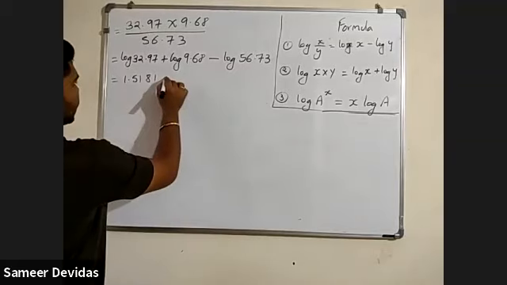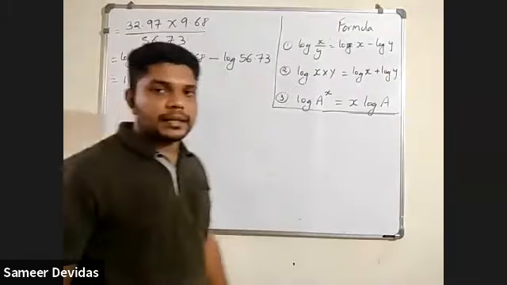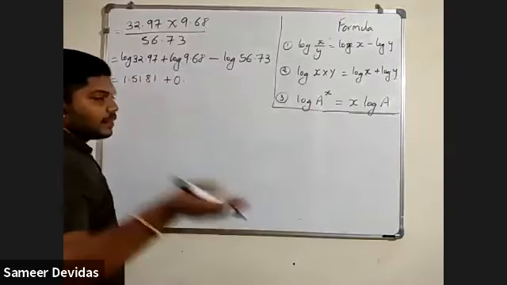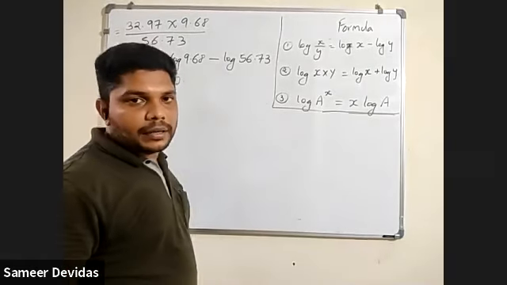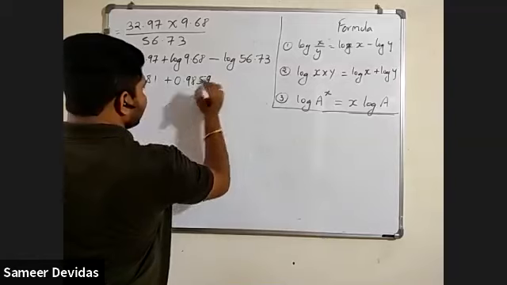Okay, good. Then plus log 9.68. What is the characteristic? Tell me fast. 0. Very good. 0. 96 under 8. Find out. Mantissa 9859. Good.